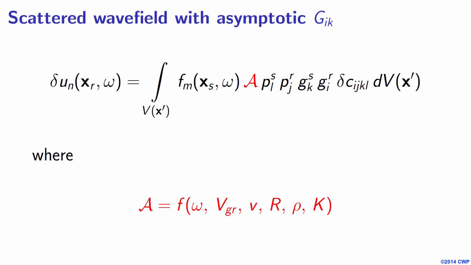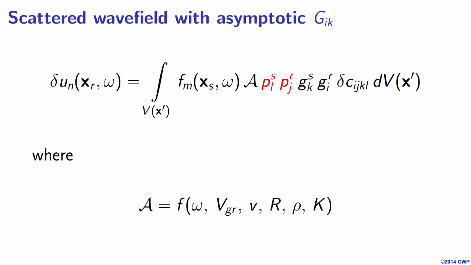Since it's the asymptotic Green's function, we're thinking of rays, we're thinking of modes. So we've got the p wave field and the s wave field, on which will depend the group velocity and the phase velocity. And then we've got rho, the density, and k is a parameter that depends on the curvature of the slowness surface.